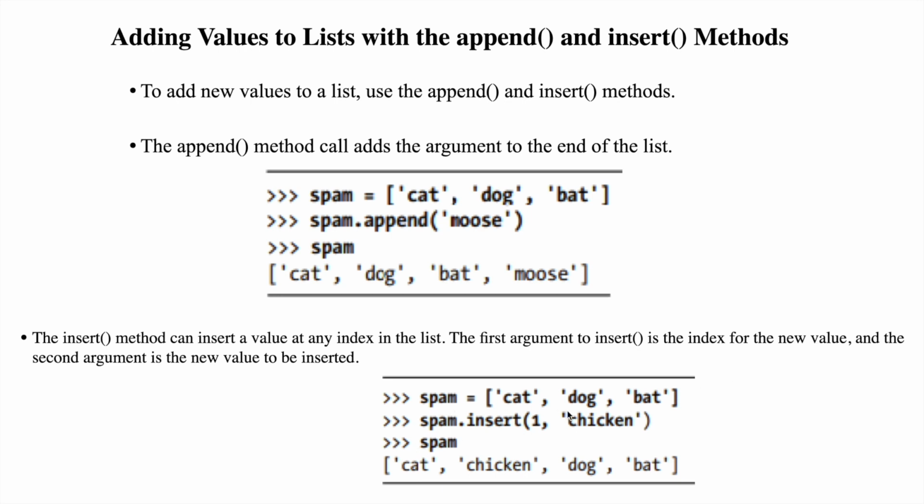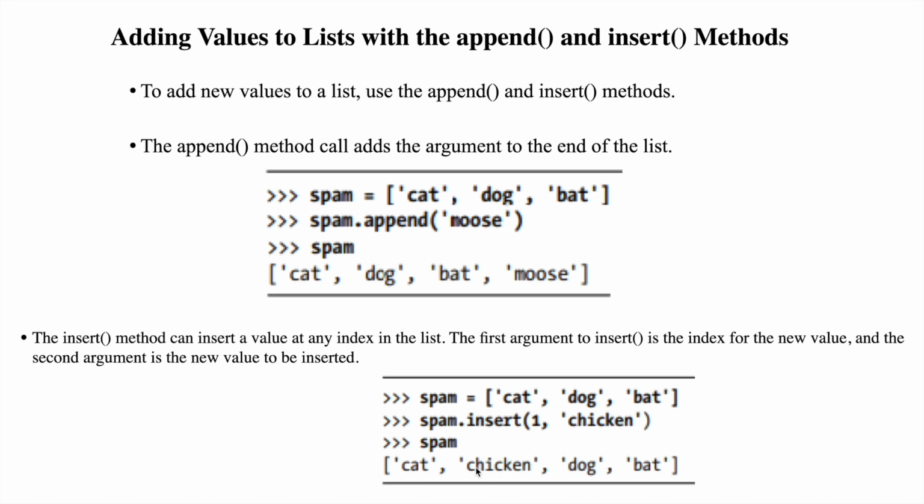See, we have the same list. Here I am trying to insert chicken at index 1. Before inserting, what is the value at index 1? We have dog at index 1. Now I am inserting the chicken value at index 1. So the first value is the index where we have to insert, and the second is what we have to insert there.